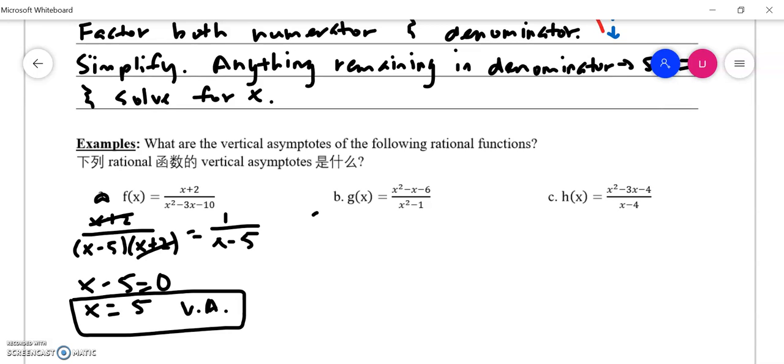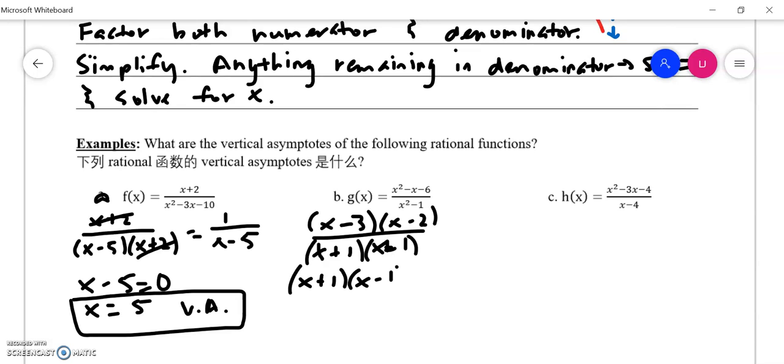Now remember with b, even though we factored it, nothing could simplify. So we will still do x plus 1 and x minus 1 set equal to 0. This means x equals -1 and x equals +1. These are our vertical asymptotes.